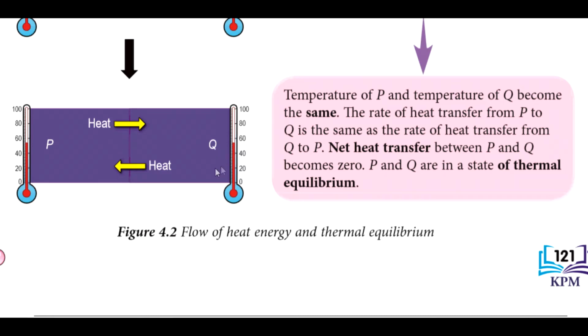We call this thermal equilibrium. It means thermal equilibrium is already achieved. There are 2 important points here. Number 1, the net heat transfer between both objects is 0. Number 2, the temperature of both objects will be equal. Hence, we call this thermal equilibrium.